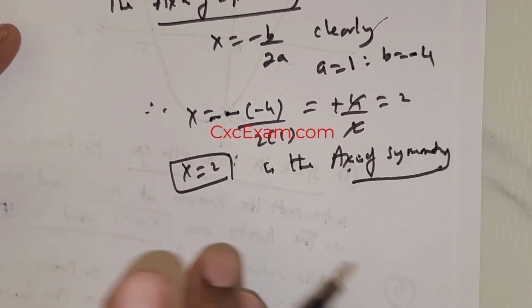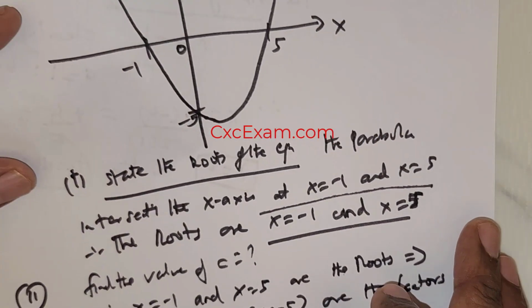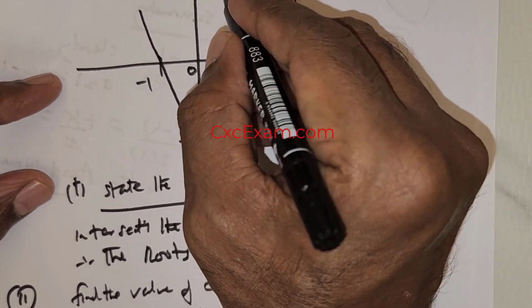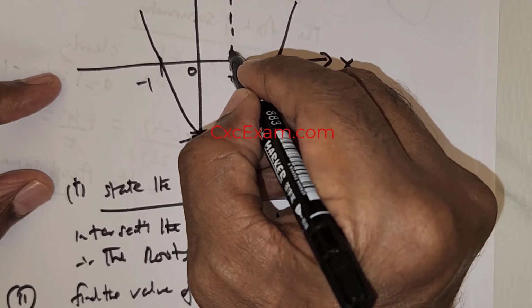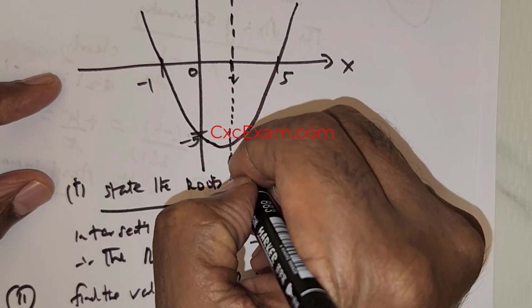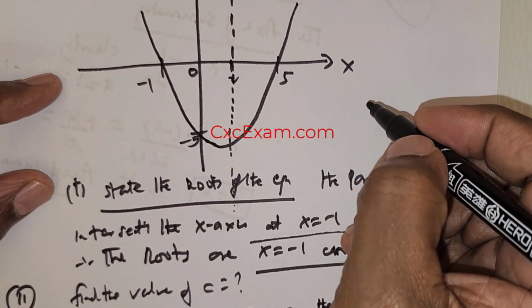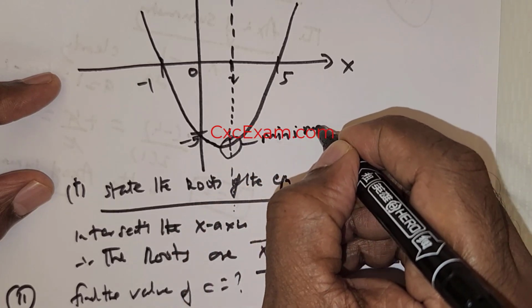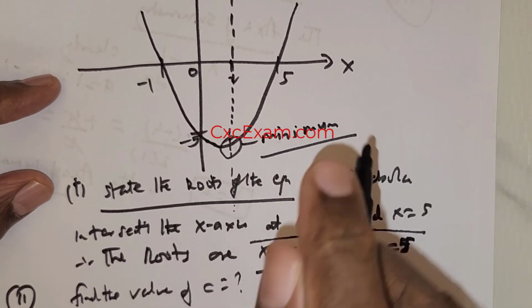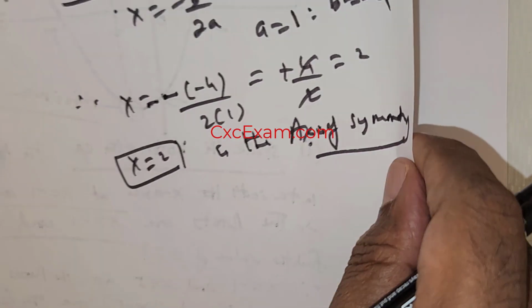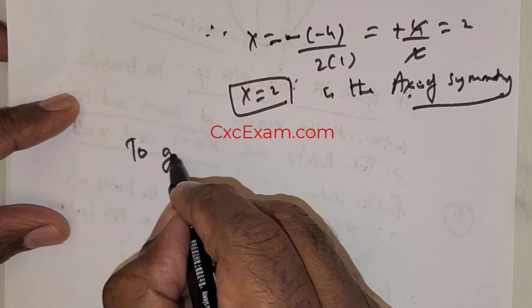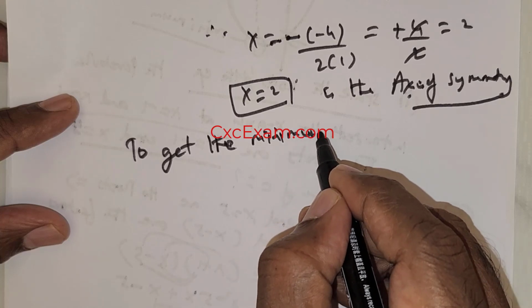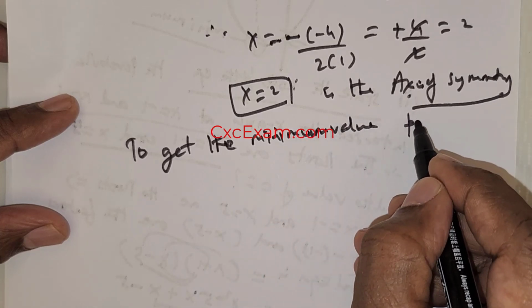Now why do we need the axis of symmetry? Now what is the meaning of this? That means at this particular point x is equal to 2, the graph actually splits into two parts. So this part will be the minimum value. Now how do you get the minimum value? Substitute. To get the minimum, what do you need to do?